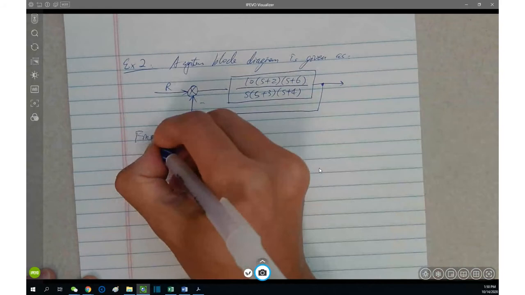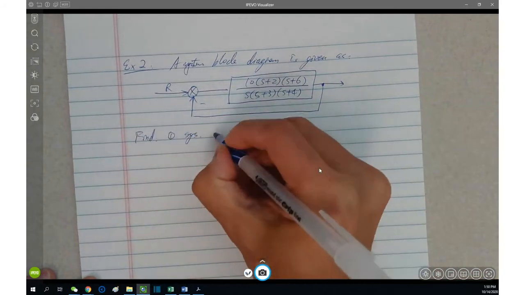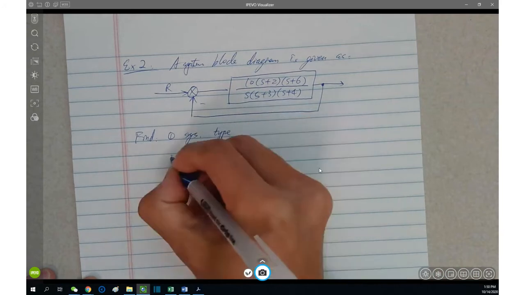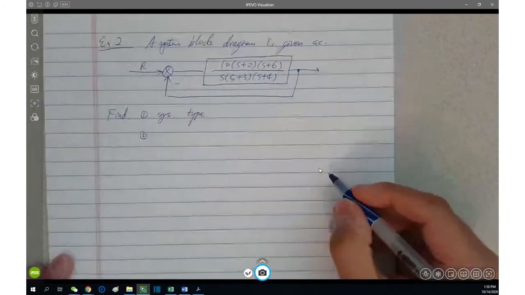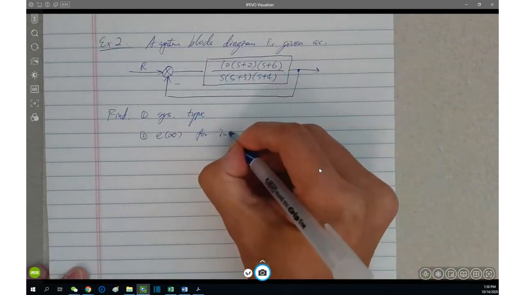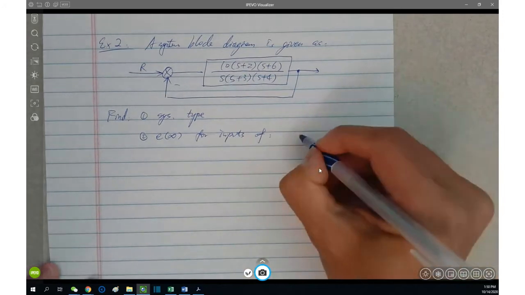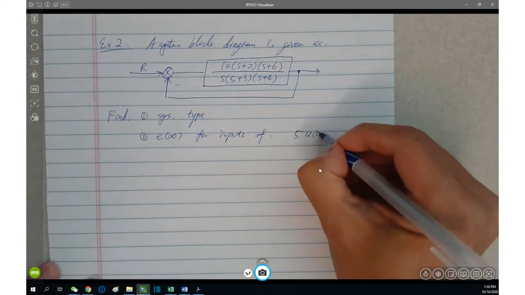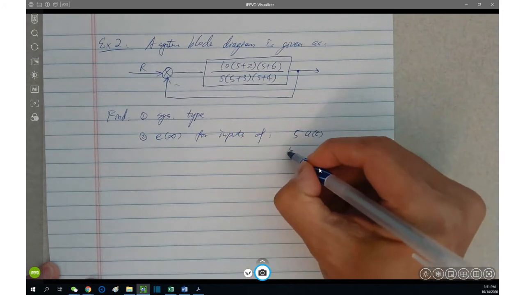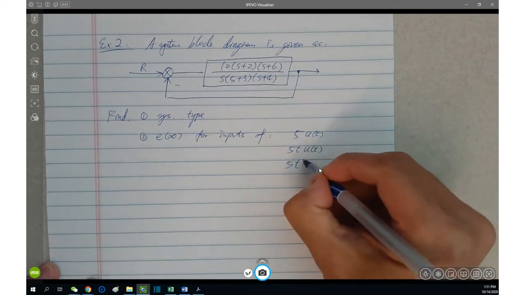Then find first the system type, and then the steady state error for inputs of 5 u of t, 5 t u of t, 5 t squared u of t.